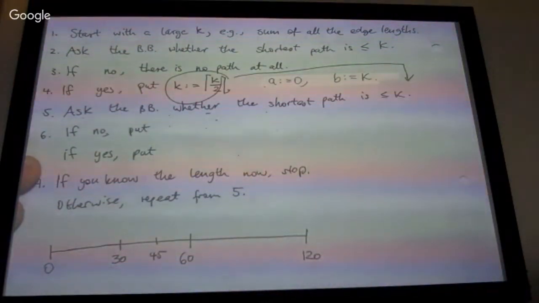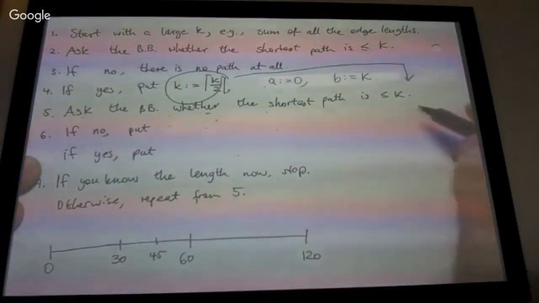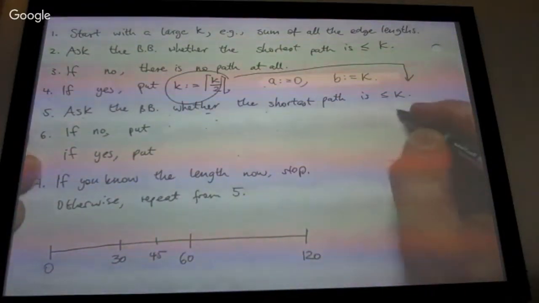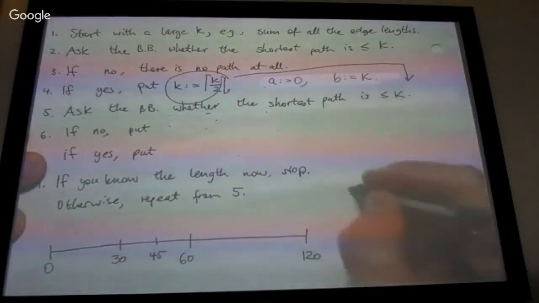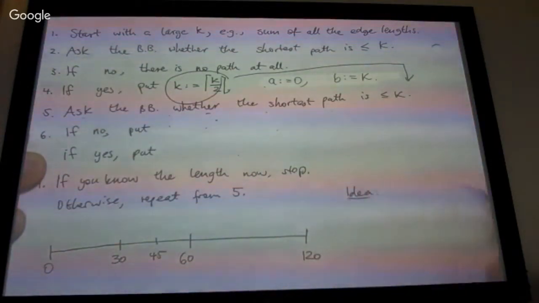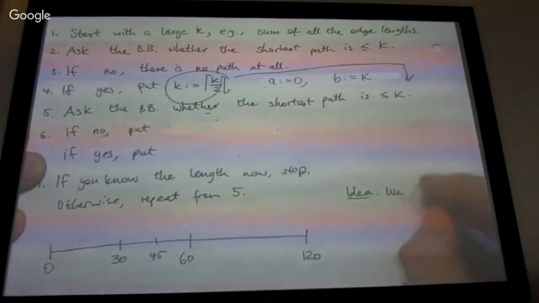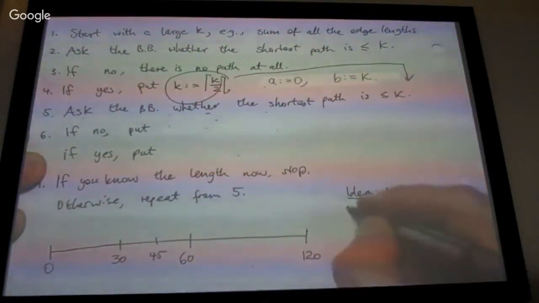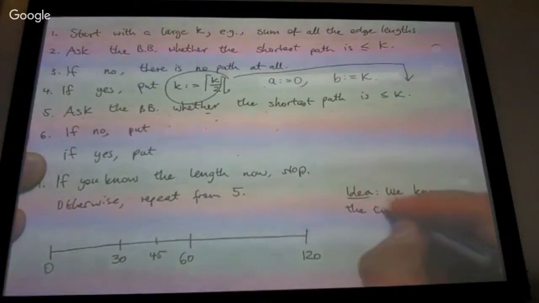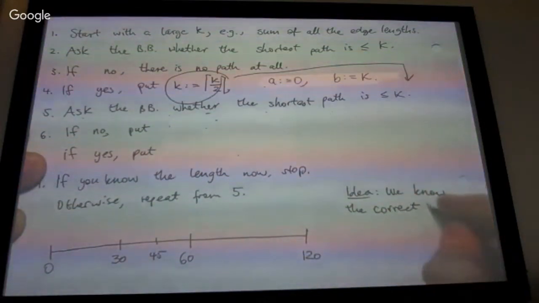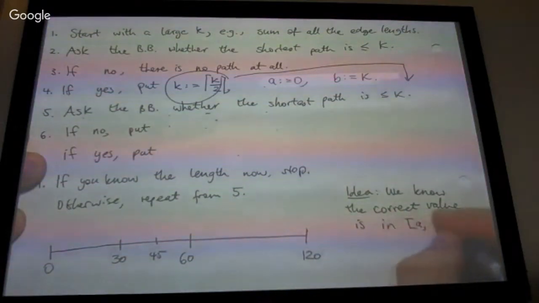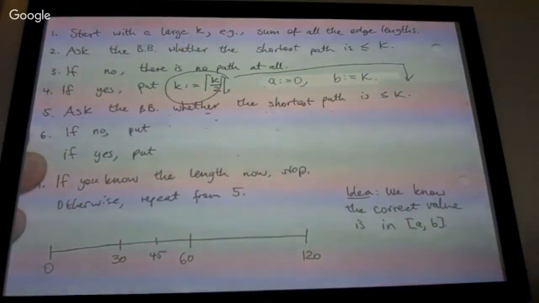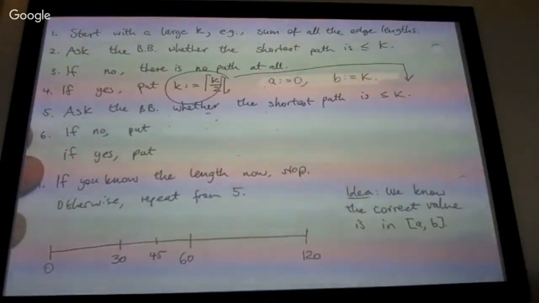The idea is we always know that the correct value is in [a, b].